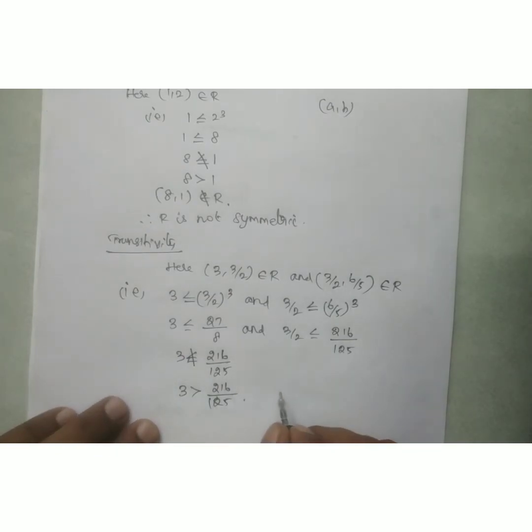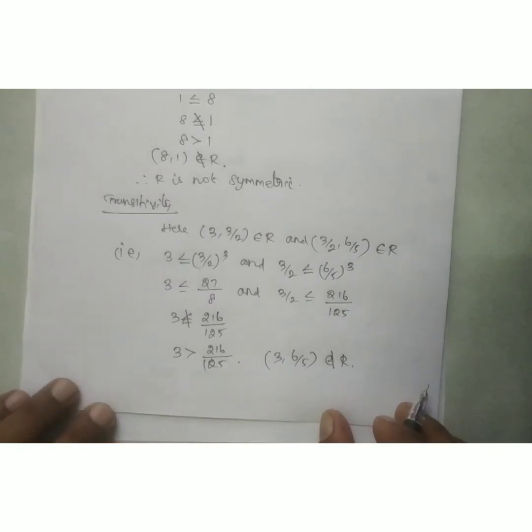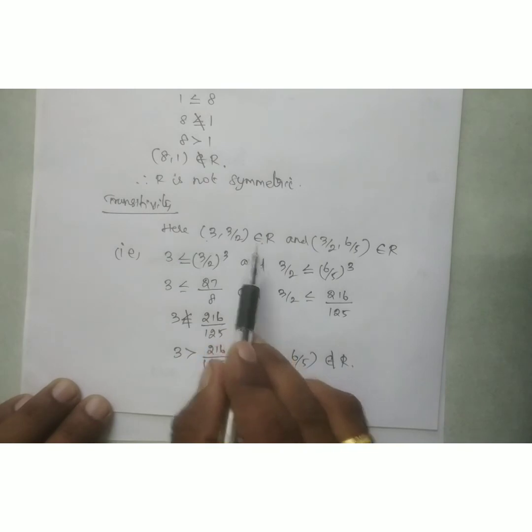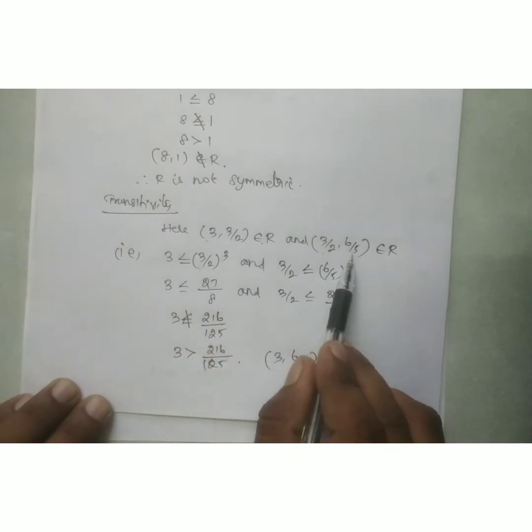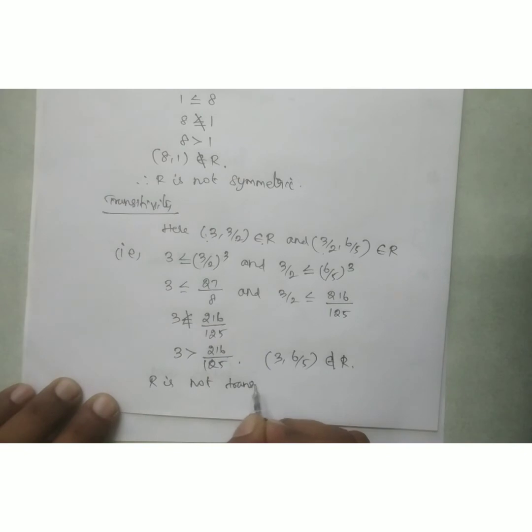So clearly 3 comma 6 by 5 does not belong to R. So what can I decide? 3 comma 3 by 2 belongs to R, 3 by 2 comma 6 by 5 belongs to R, but 3 comma 6 by 5 does not belong to R, which means R is not transitive. So R is not reflexive, R is not symmetric, and R is not transitive.